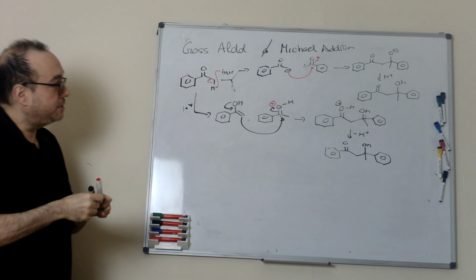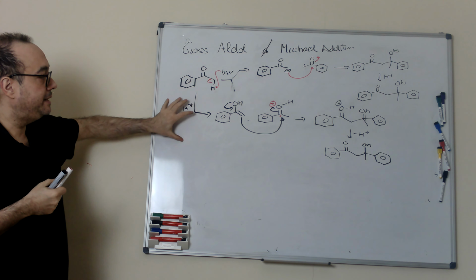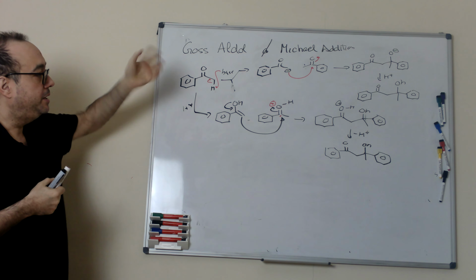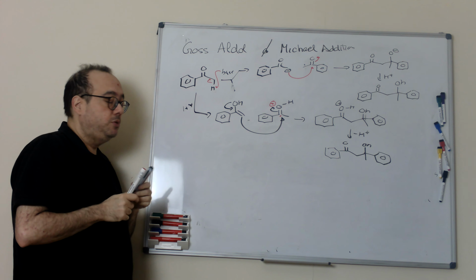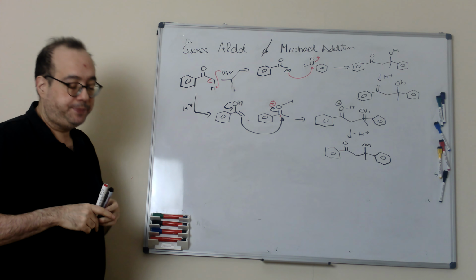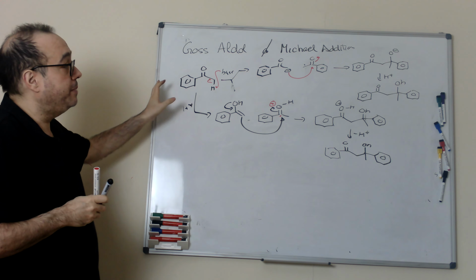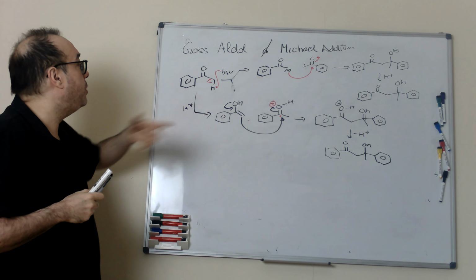Okay, these are the two basic mechanisms, the acid mechanism and the base mechanism, to generate the aldol product, to do the aldol reaction. This seems a very good method to make a carbon-carbon bond.